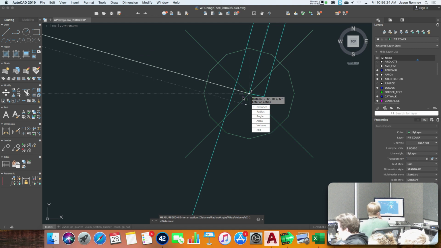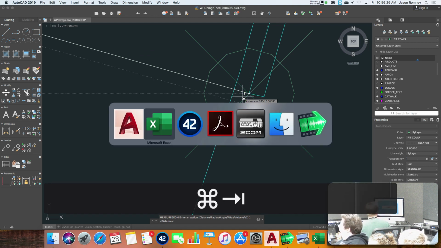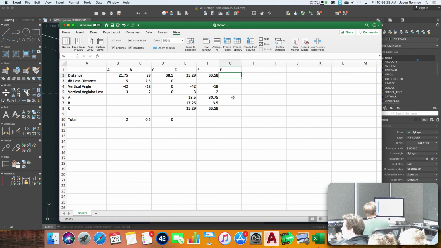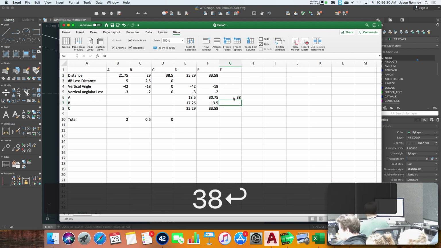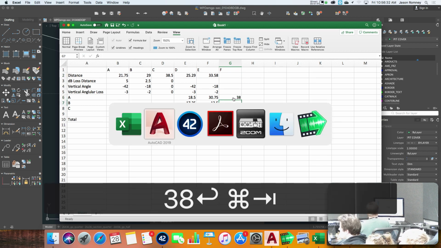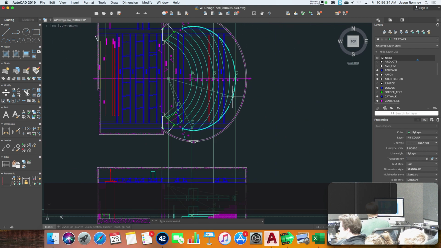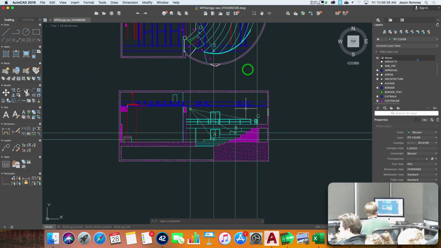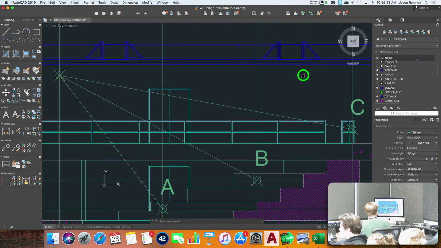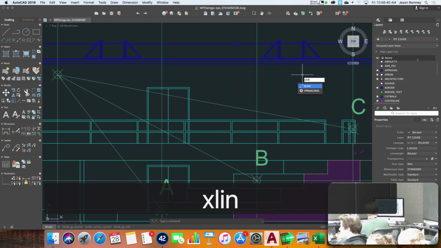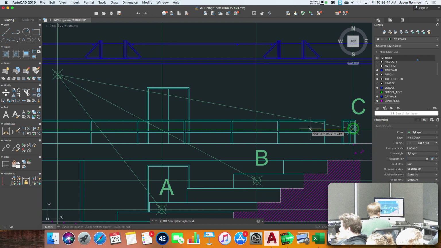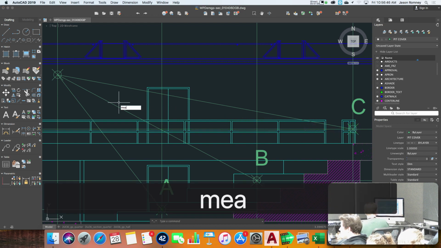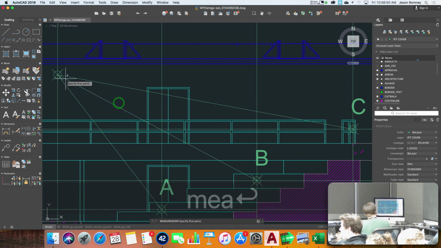B in this case is going to be a fairly small number. 6 feet 11 inches. I'm going to call that 7 feet.